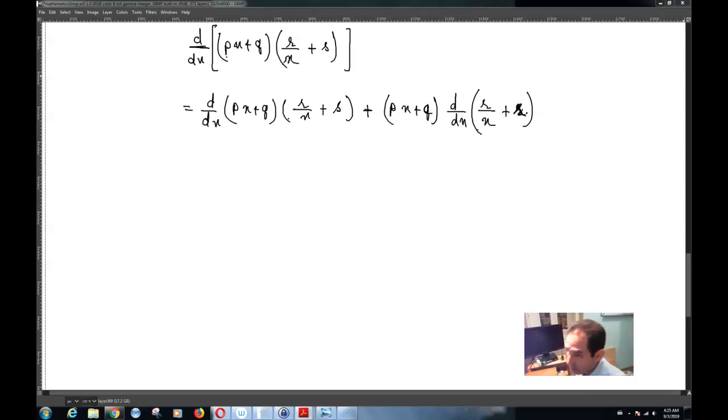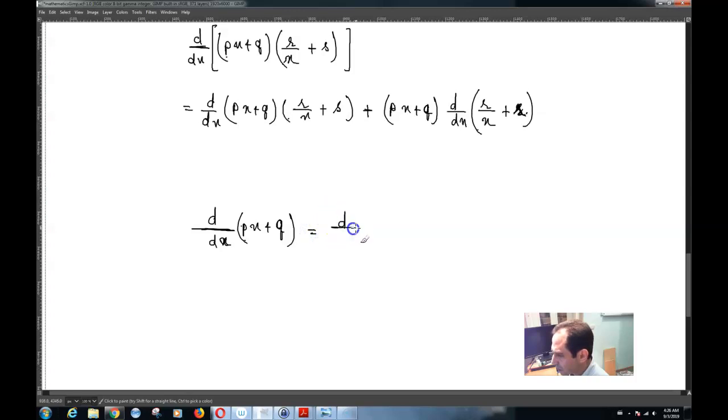So d by dx of px plus q, you would write as d by dx of px plus d by dx of q.